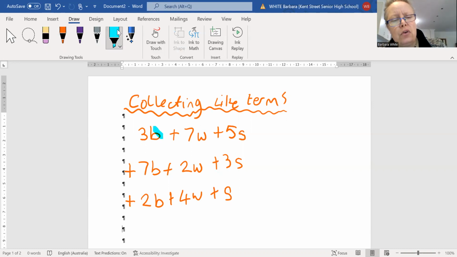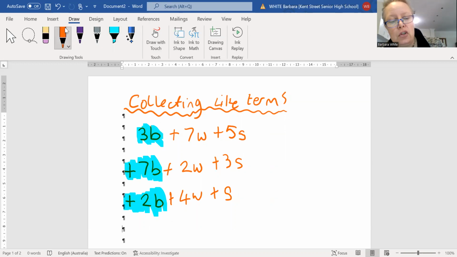So what I want you to do is highlight all the balls. It's important that we include their sign. So in total, that's what the equals is. We've got 7, 8, 9, 10, 11, 12. We've got 12 balls, right?